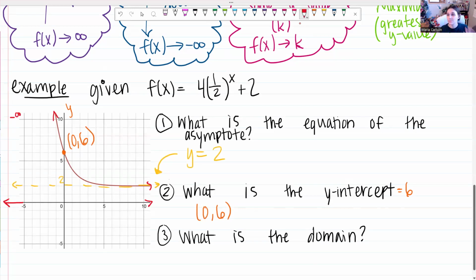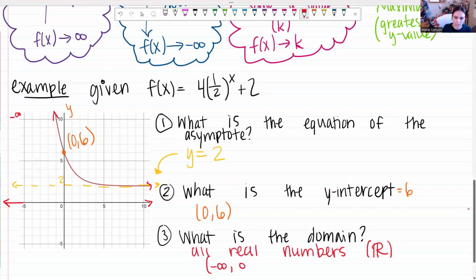So every x value that you can think of is somewhere on this graph, and we could find it. So the domain is all real numbers, which sometimes we see represented as this fancy R, or we could again write this as negative infinity to positive infinity as an interval like so.